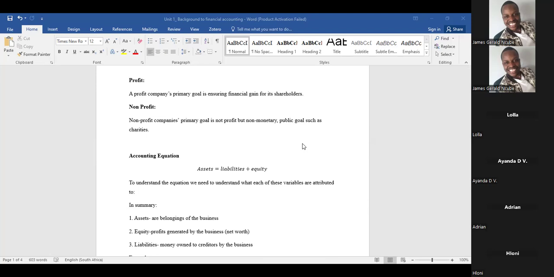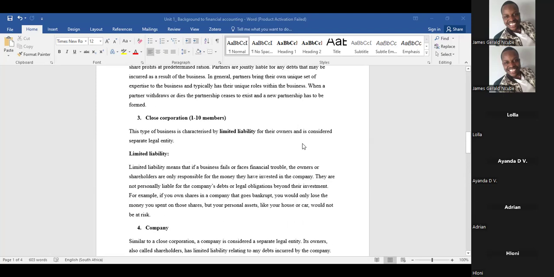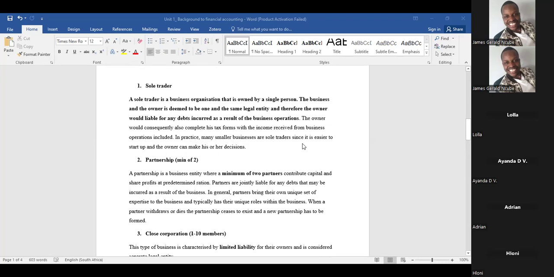Maybe before we go into the deeper accounting stuff, on what you covered, I think it's very important for you guys to understand the issue of the sole trader versus the company. The key difference between a sole trader and a company, like Donnie was explaining, is the issue of limited liability. So you will notice that most organizations are set up as companies.